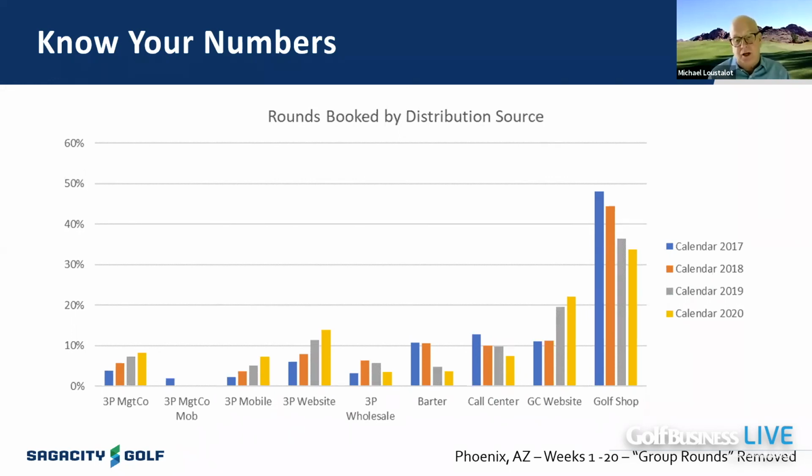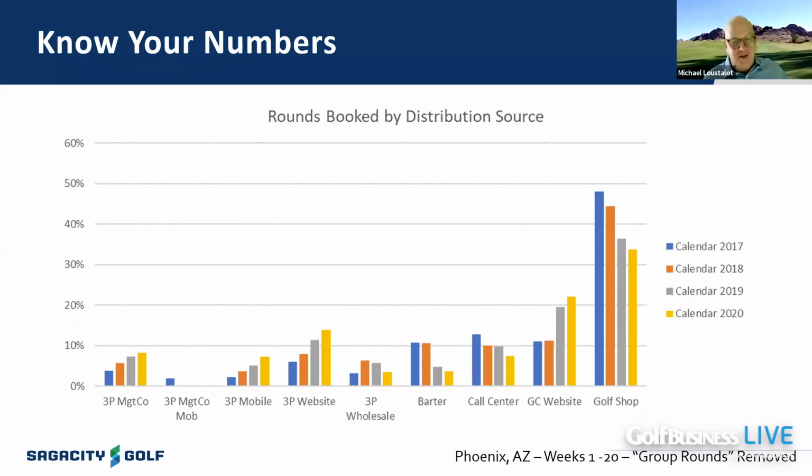But what's interesting is that they've changed their relationship with the third party vendor, and their barter rounds are down 66%. For my Golf Now friends in the room, if you're listening, this is what I tell them, right? There's really no need to do the premium marketing program. I'm sorry.